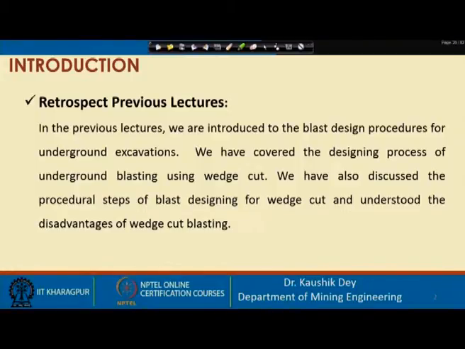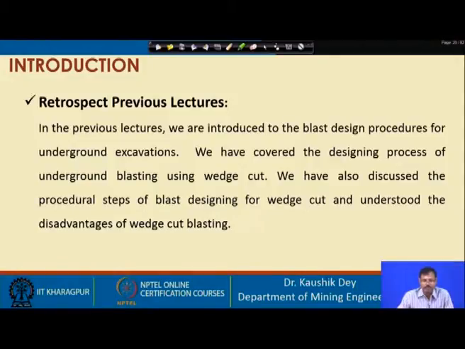We have also discussed in the last class that designing the blast for the cut area is basically divided into two parts. One is the wedge cut part and another is the burn cut part. In wedge cut, two holes are drilled angling to each other at different degrees, and this degree of angling depends on the rock mass condition.